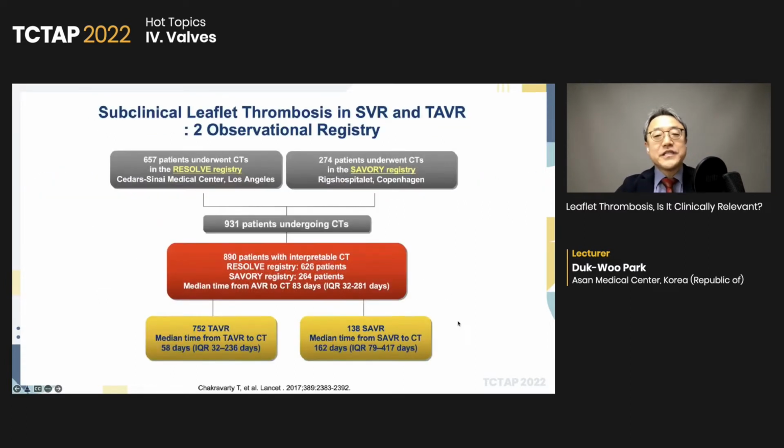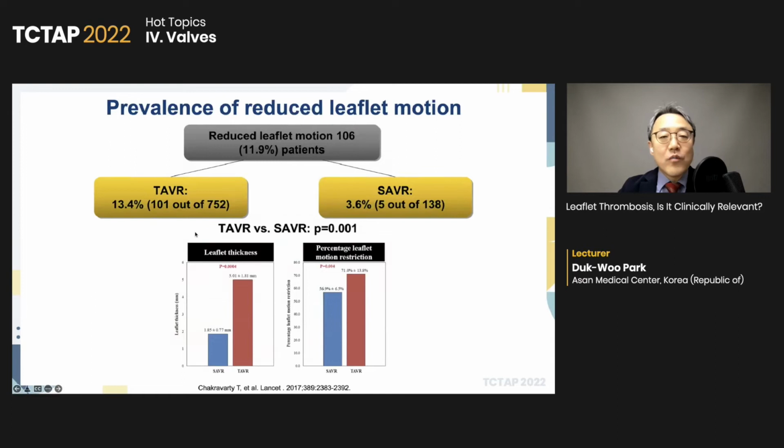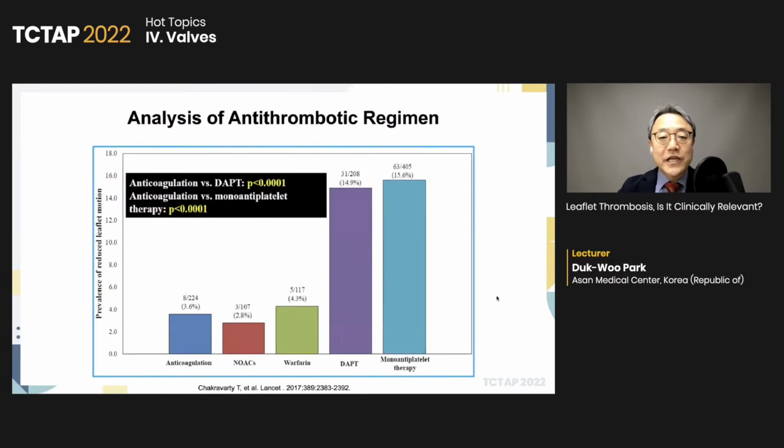This is the work of Lars Sondergaard and Raj Makkar, co-PIs in the RESOLVE and SAVORY registry, published in the Lancet. The key finding: overall reduced leaflet motion was 13% in TAVR, and in SAVR 3.6%, much lower. And after use of anticoagulation, warfarin or NOAC, the overall incidence of leaflet thrombosis was much smaller.